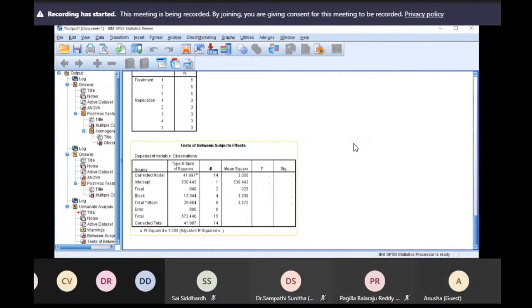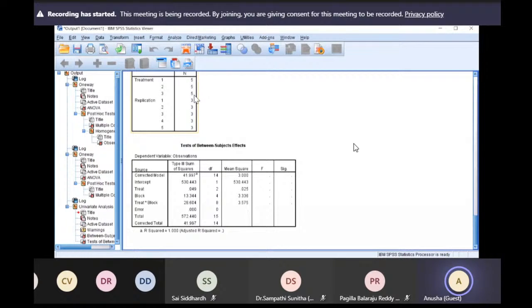So I had taken 3 treatments and 5 blocks. And in total how many observations are you having? 15 observations are there, because 3 into 5 is 15. And this is uncorrected, so the correction factor is not included in this one.